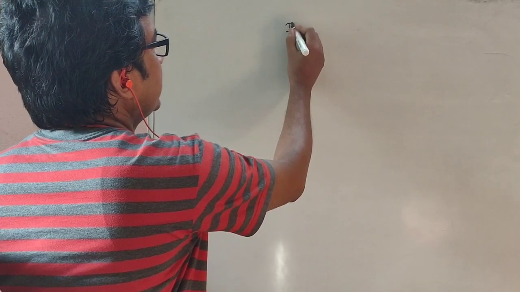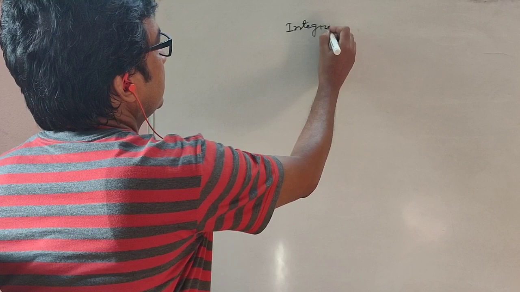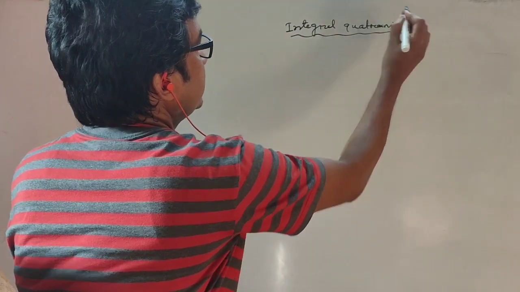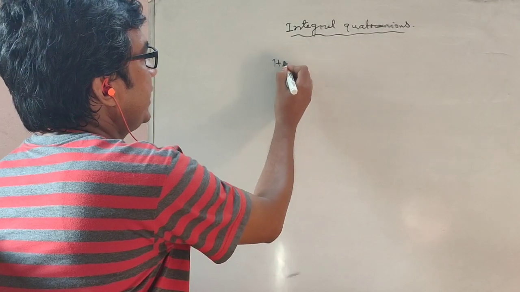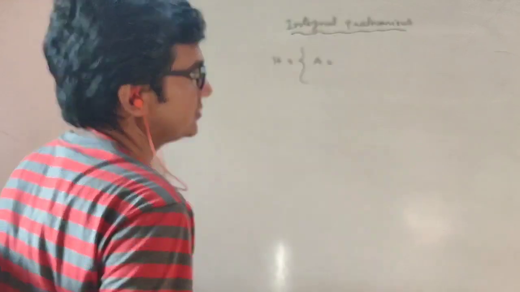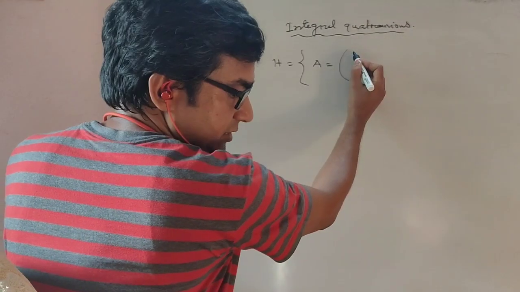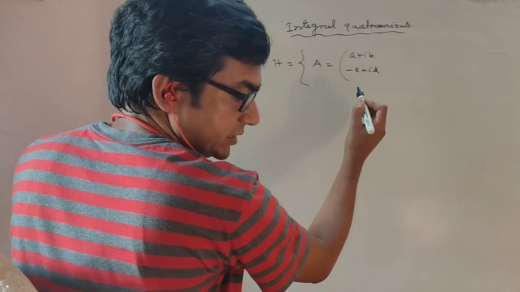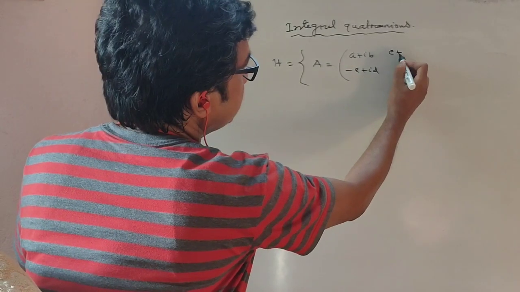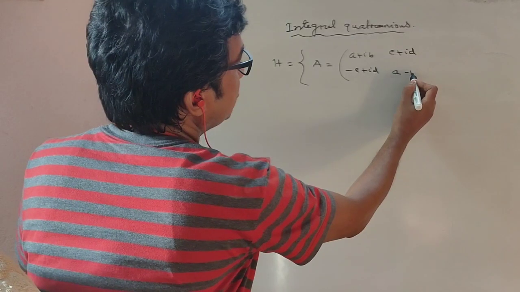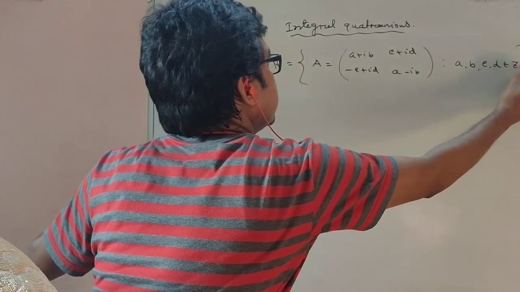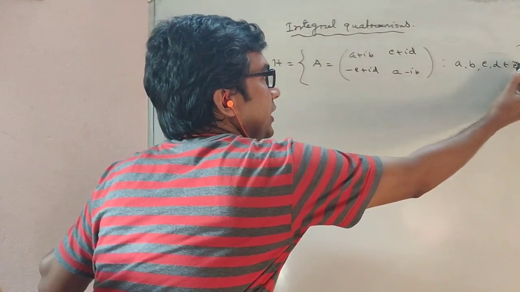We consider the ring of integral quaternions, that is H equal to this type of set, this type of matrix, a plus ib, minus c plus id, and c plus id, a minus ib, such that a, b, c, d belong to Z, the set of integers.